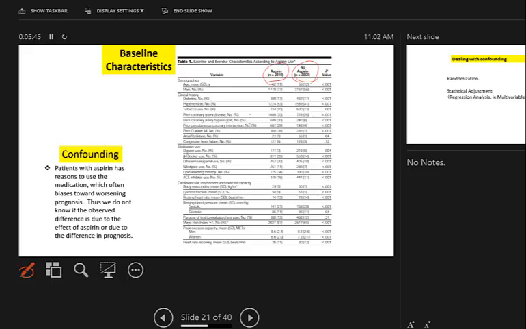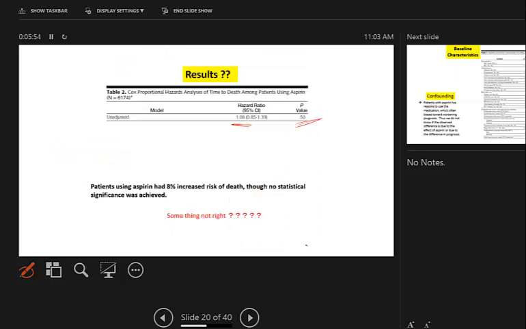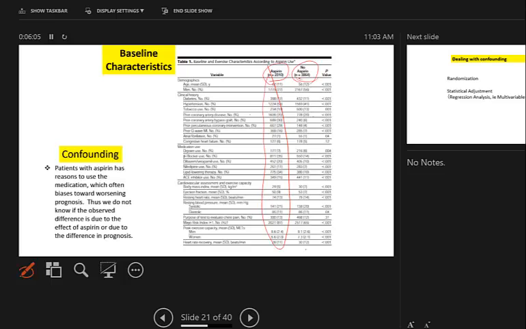You know these two patient groups are different. This group is much sicker than that group. And what do you think? Even without aspirin, how much more risk does this group have compared to that group?